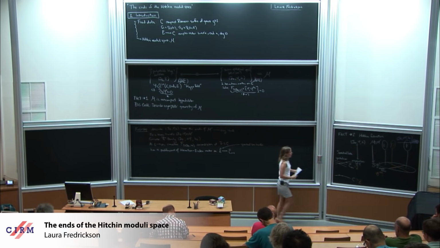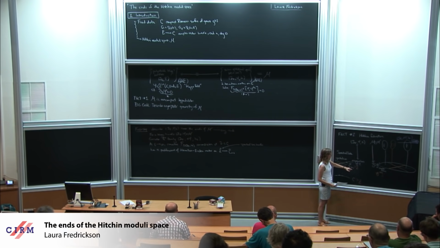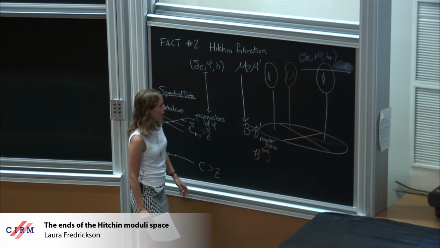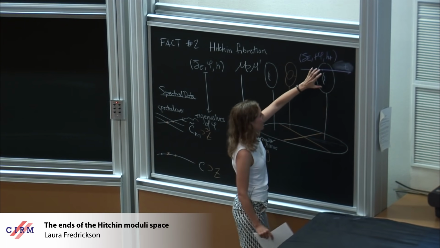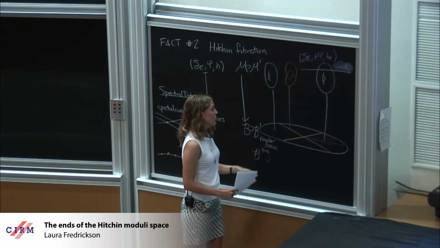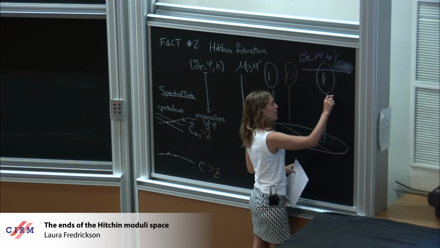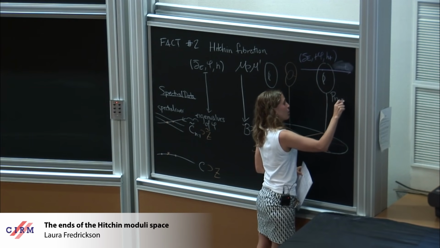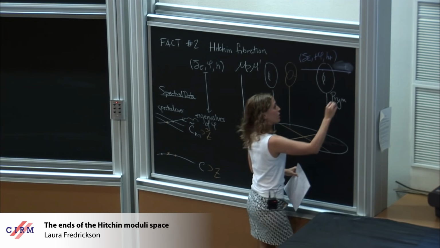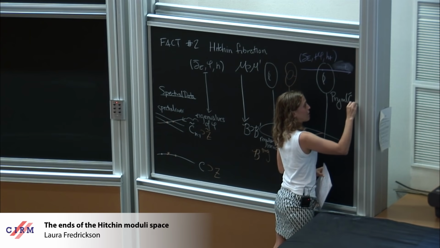So we encoded the data of the eigenvalues of the Higgs field in this geometric data of the spectral cover, given by a point in the base. And what do these points in the tori represent? Well, these are actually the Prym varieties of the points in the base. So this is the Prym of the associated spectral cover.